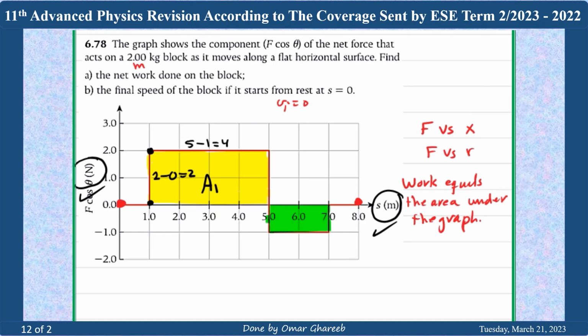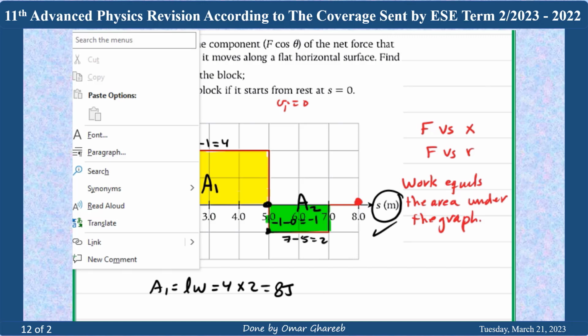Go to the green rectangle. The length is from 5 to 7, so it is 7 minus 5, which is 2. And the width is from 0 to minus 1, so the width is minus 1 minus 0, which is minus 1. Name this area as A2. A1 equals L times W. L is 4 times W is 2, so it is 8 joules.